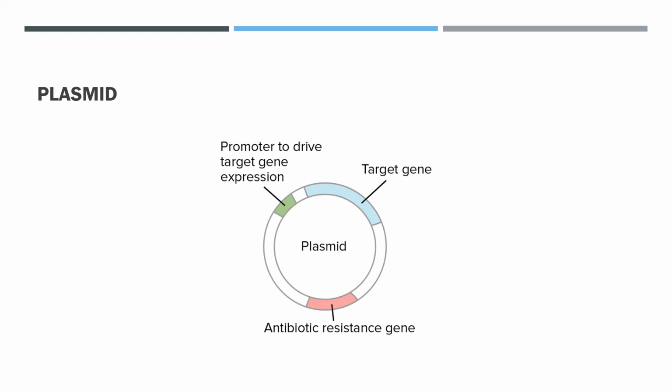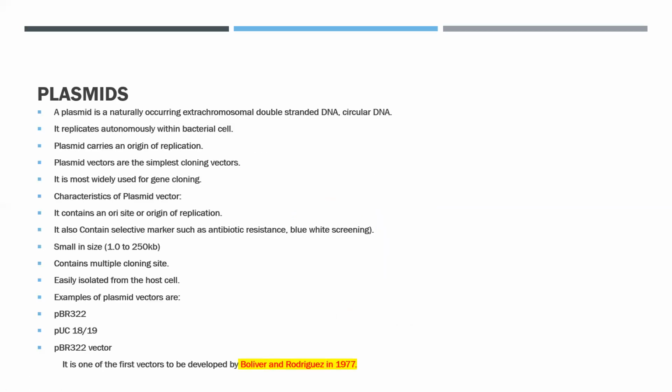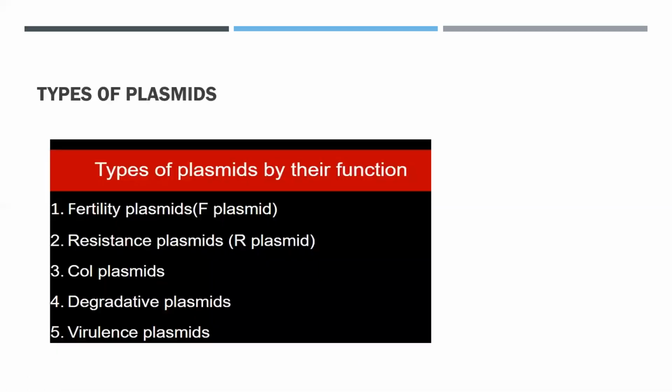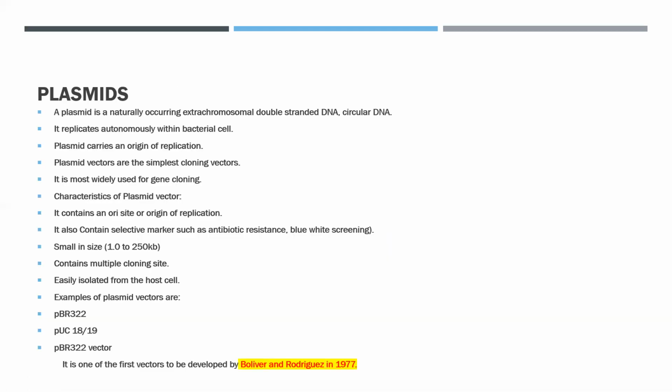Low copy number means 1 to 4 per cell. High copy number means 10 to 100 per cell. This is very, very important point. It contains multiple cloning sites, easily isolated from the host cell. Host cell means bacterial species.